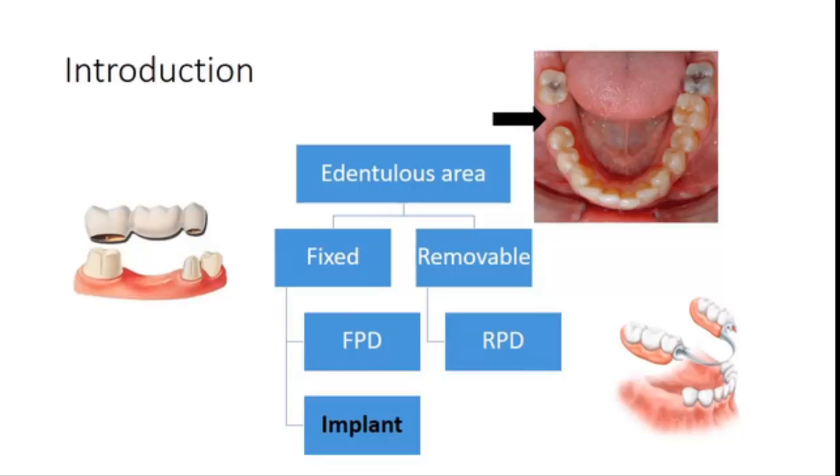Under the fixed ones, you have fixed prostheses, what we call bridge work. Now the disadvantage of a bridge work is we have to cut the neighboring two teeth which are normal.